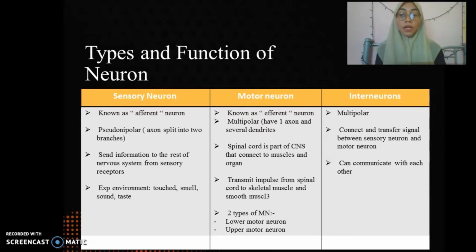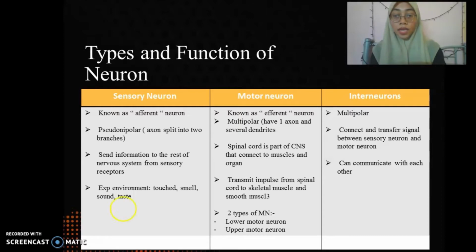Okay, bila sensory neuron kita activate, so sensory neuron will send all the impulse or information to all the nervous system. Okay, so examples of the environment are touch, smell, sound, taste.